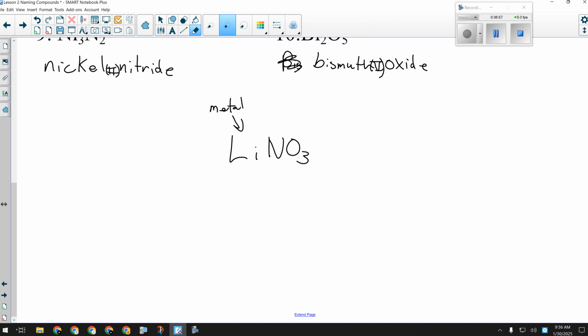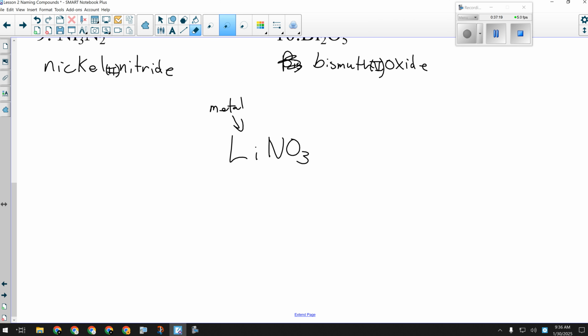If you look in this chart at the top of your periodic table, you will see NO3 here. NO3 is called nitrate, and it has a -1 charge. So it's just like chlorine or bromine or iodine. It has a -1 charge.